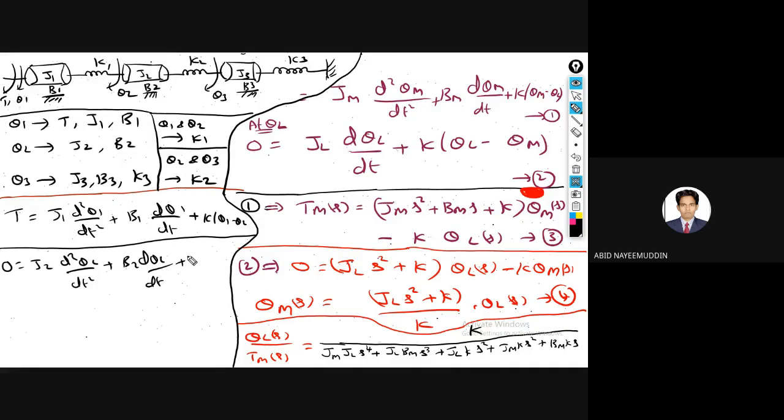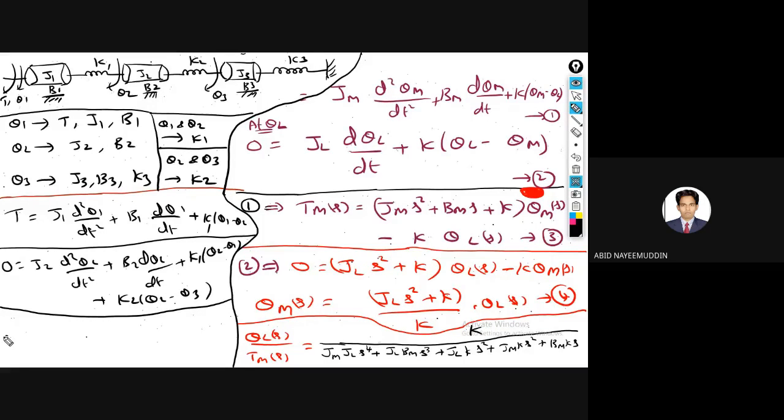plus, now if you observe this node 2, one common element is K1 which is with respect to theta 2 minus theta 1, and also another common element for theta 2, that is K2, which is with theta 2 minus theta 3. Many people forget this.